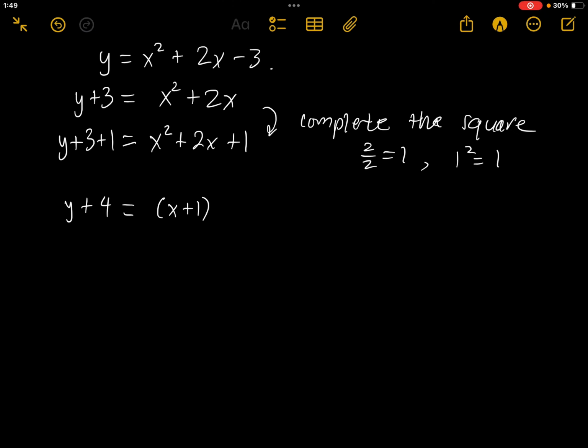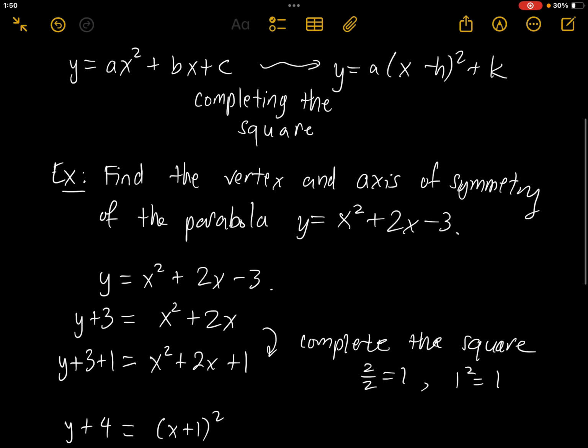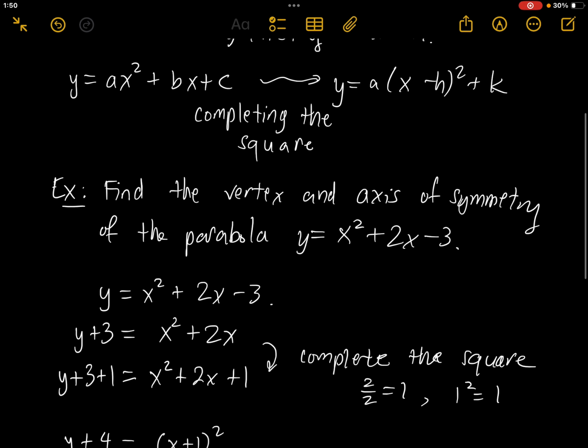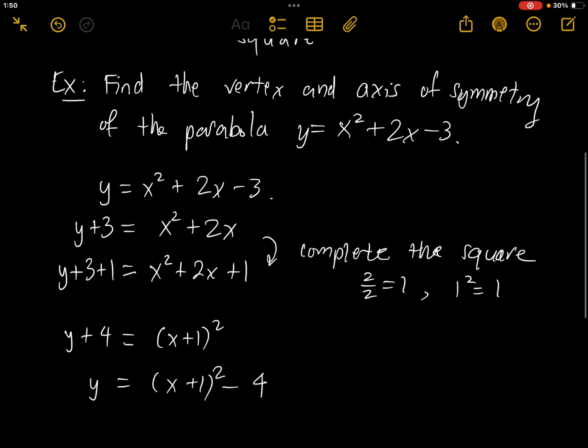That factors as x plus 1 in parentheses squared. Now we just have to subtract 4 on both sides to get y by itself. So now we have an equation of the form y equals a times x minus h squared plus k, and now we can read off what the vertex is.